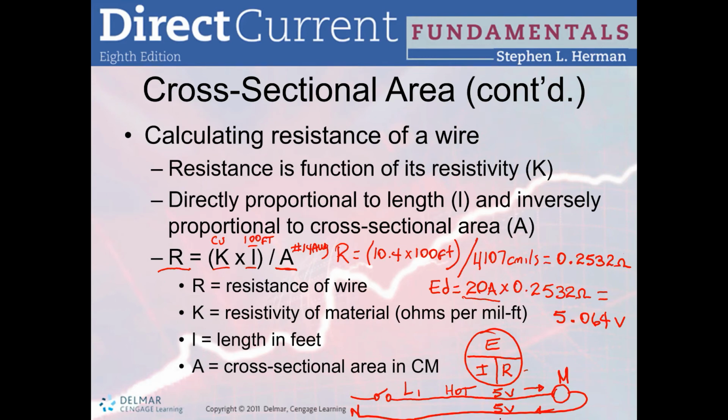So get into the habit, for calculation purposes, that whenever you do a branch circuit, you always have to multiply your voltage drop times 2 in order to determine the total voltage drop in the circuit that you are going to install, which in this case would be 10.128 volts.